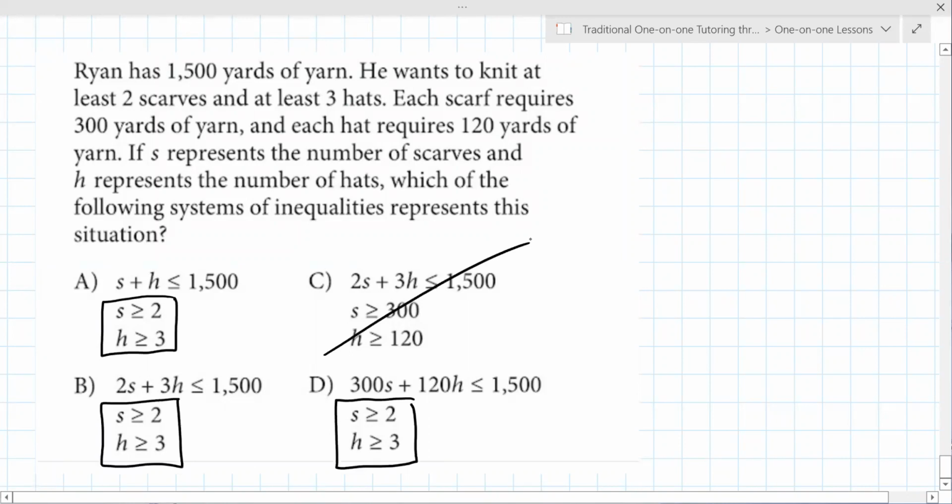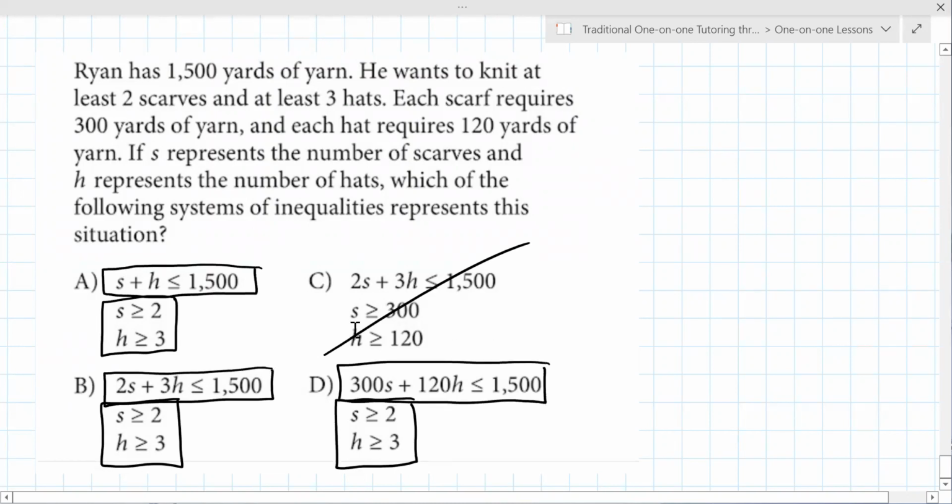Now, when you look at the other parts of each of these, do you see that the inequality above them is all kind of different? They all have the same right-hand side, but the left-hand side is different. So that left-hand side comes from the second equation or third sentence here.